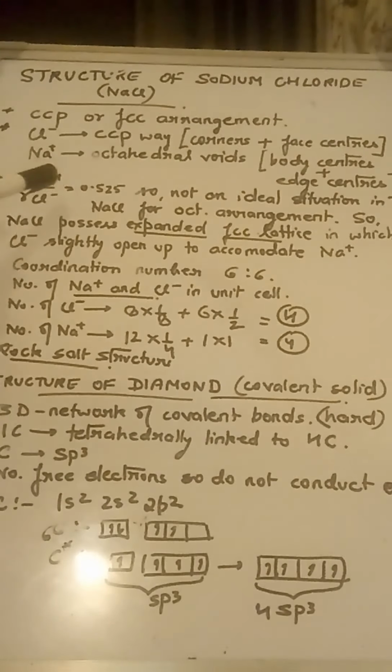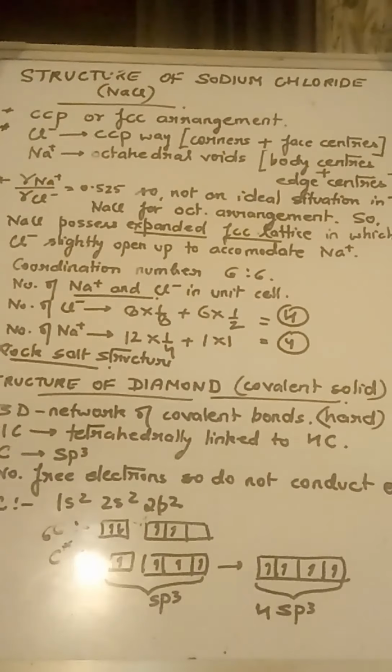But here you can see the radius ratio is more than 0.414. It is 0.525. So this is not an ideal situation for sodium ions to go into octahedral voids.